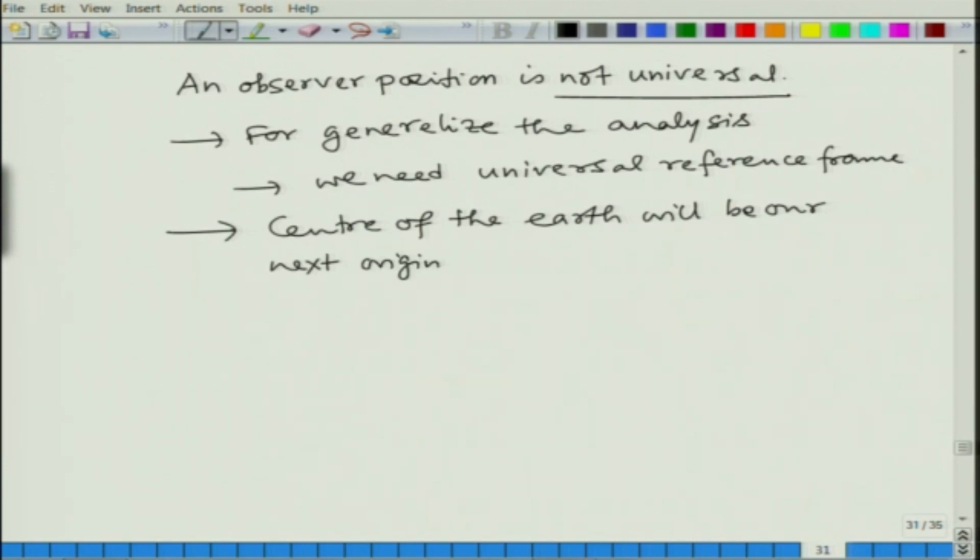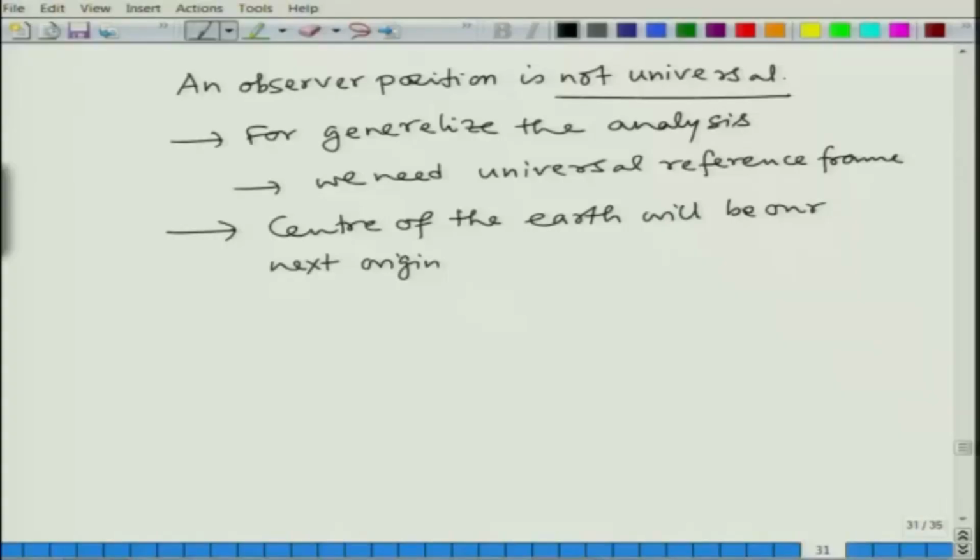Okay. So, when we take the center of the earth, we need two connections. One is how the sun is located with respect to the center of the earth, and another connection is how the observer is located with respect to the center of the earth. So, two connections that we need to make here.